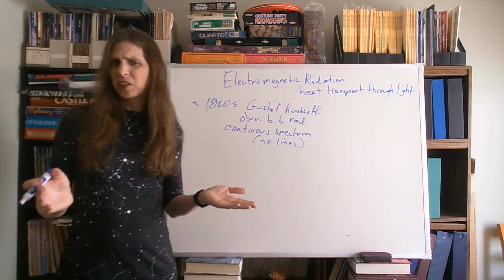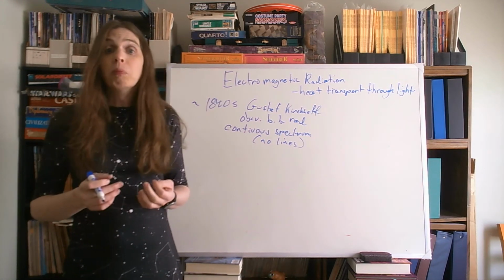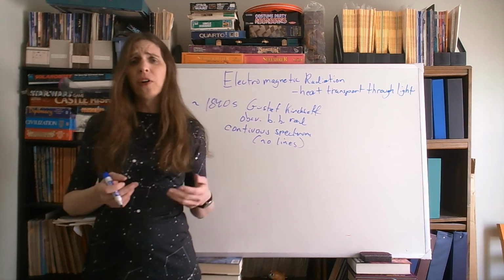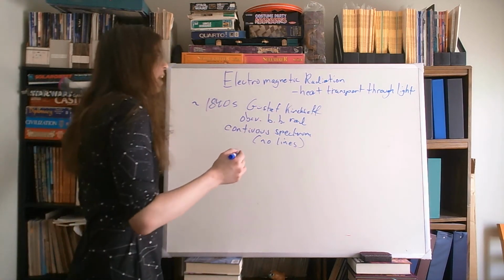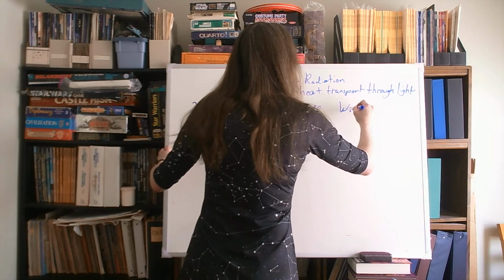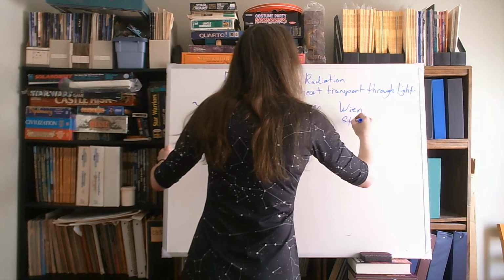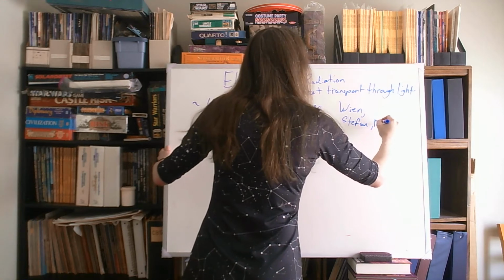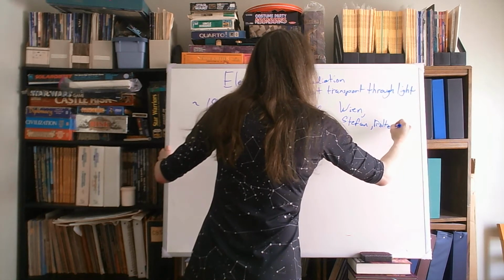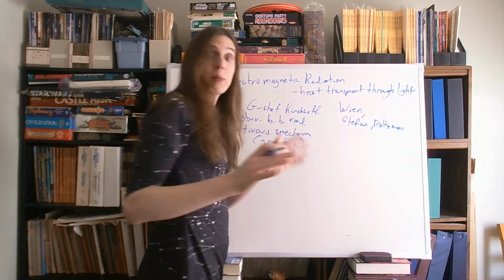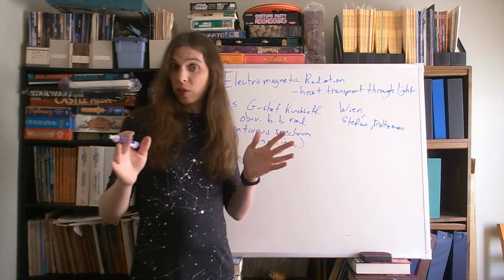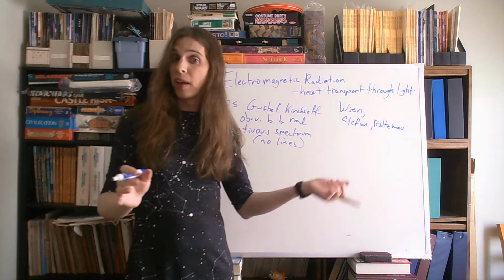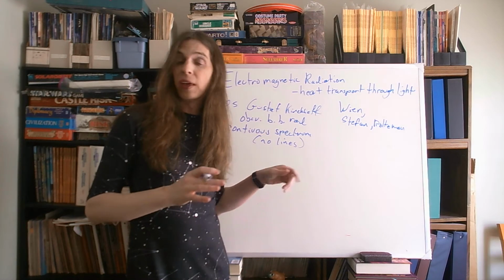But what else did this look like? Well, other folks with names like Wien and Stefan and Boltzmann were able to describe the way this looked further. And I'm going to draw a diagram to go along with this.